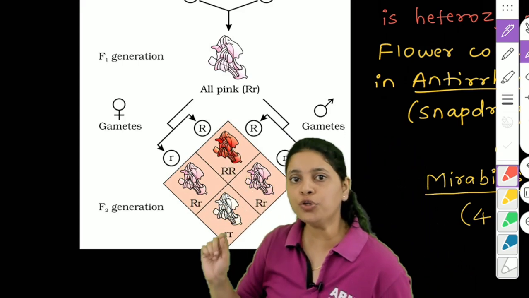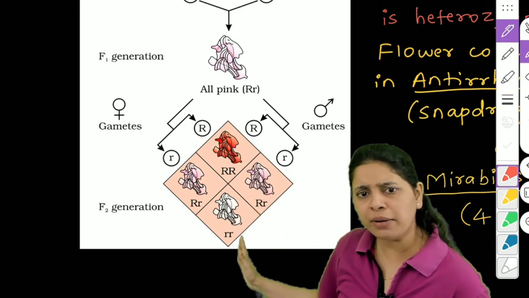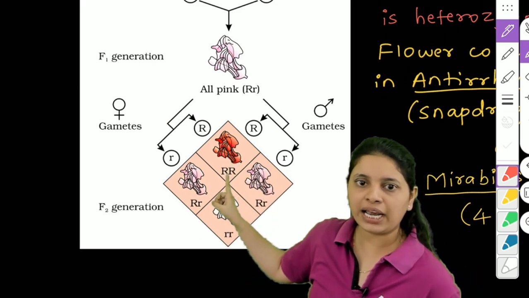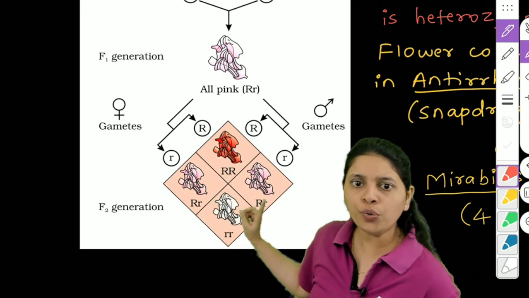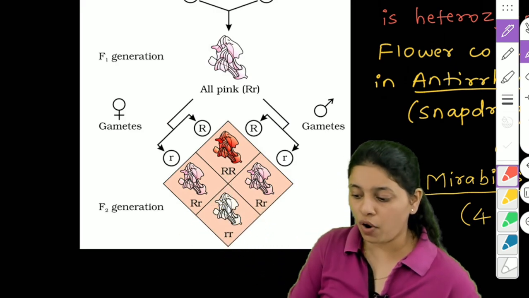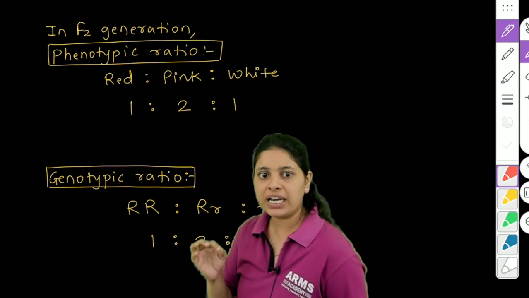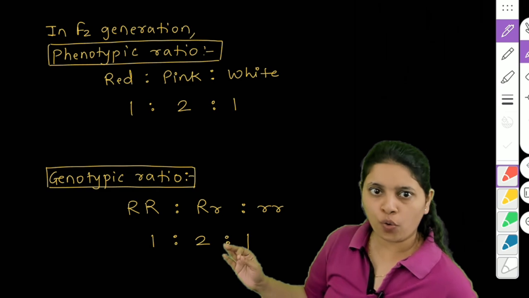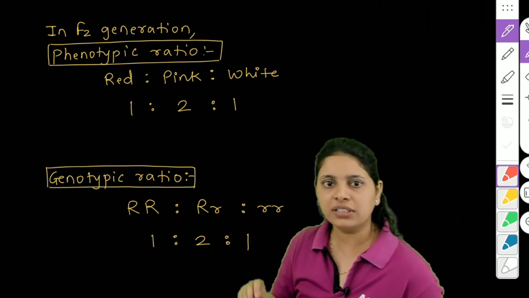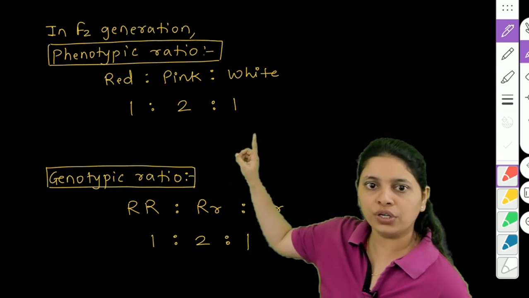So 1:2:1 will be the phenotypic ratio, and the genotypic ratio will be the same as the previous cross, as we have 1 capital R capital R, 2 plants of capital R small r, and 1 of small r small r. So what we can say here is that in the F2 generation in case of incomplete dominance, both the ratios are the same, 1:2:1.